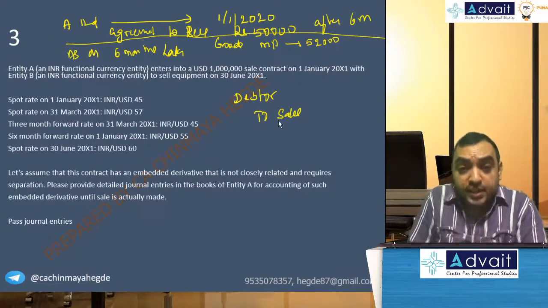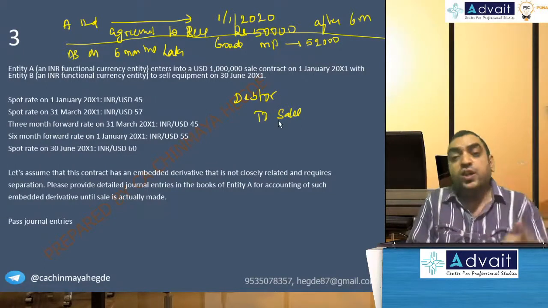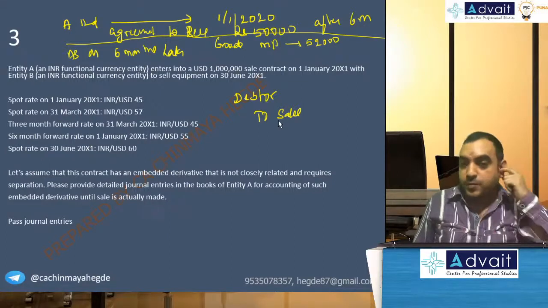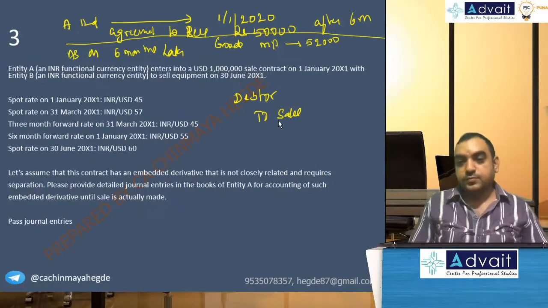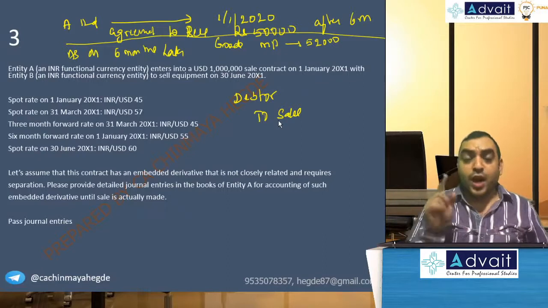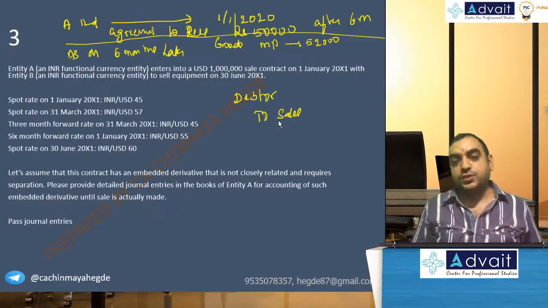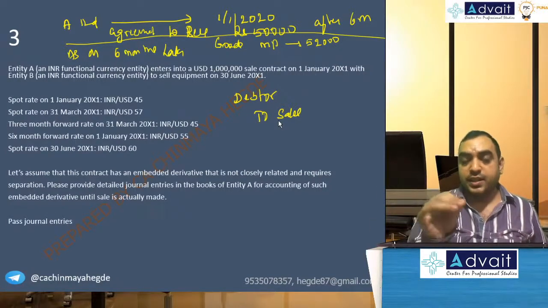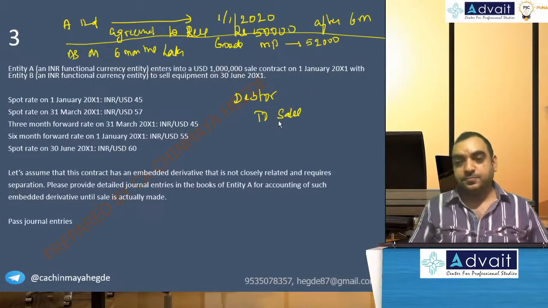So will you account it at 52,000 or will you account it at 50,000? You have an agreement to sell at 50,000, but market price is 52,000. So when you pass an entry, debtor to sales, which amount do you write?